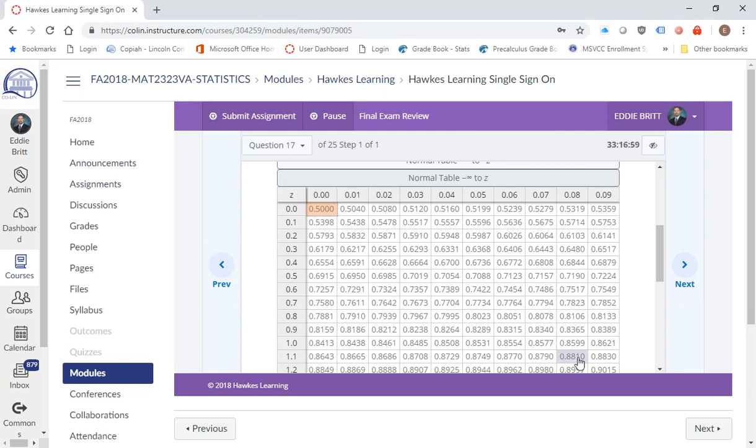That's about as close as we can get, 0.8810, and that will be a z-score of 1.18.